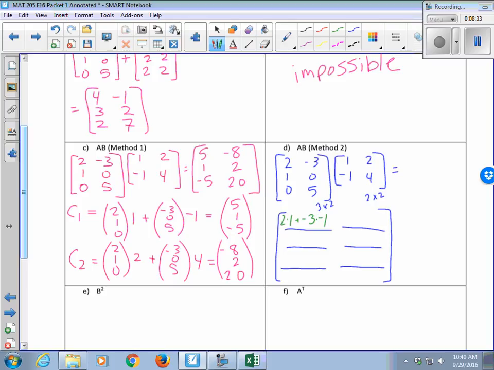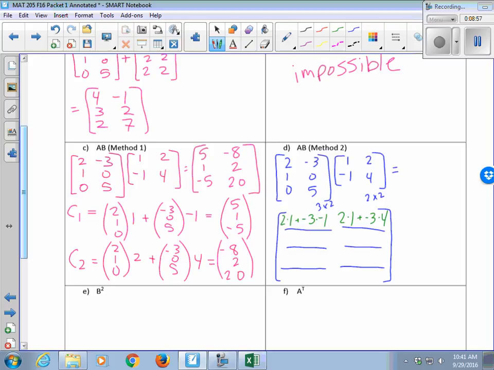So row 1 times column 2, and you're going to put the result in row 1, column 2 of your answer. So this is going to be 2 times 1 plus -3 times 4. Now we're done with row 1, right? I've multiplied 2, -3 times both columns of the second matrix, move to the next row.